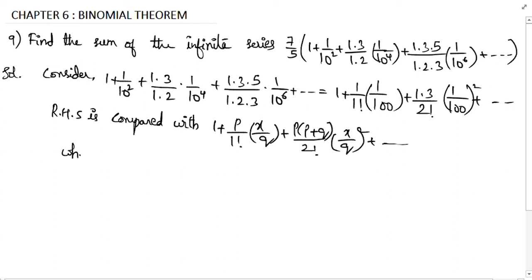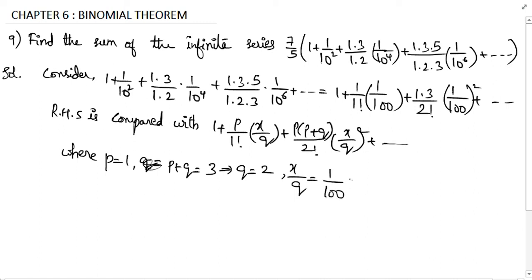Okay, so by comparing it, we get the p value as 1, and p plus q is equal to 3. So that means q is equal to 3 minus p, that is 3 minus 1 is 2. So now x by q is equal to 1 by 100. That implies x is equal to q by 100, that is 2 by 100.